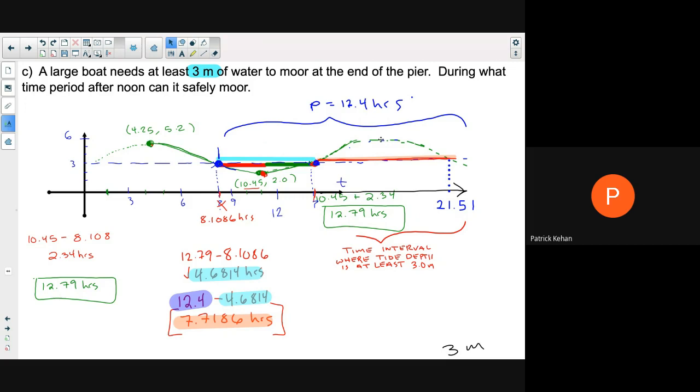But what I do know is from this point of the curve right here, all the way until it goes back up over the 3-meter line and touches it again, this point here to this point here, this is one period, right? Even though it doesn't look like a typical wave that we graph, this is still one period of time right here.